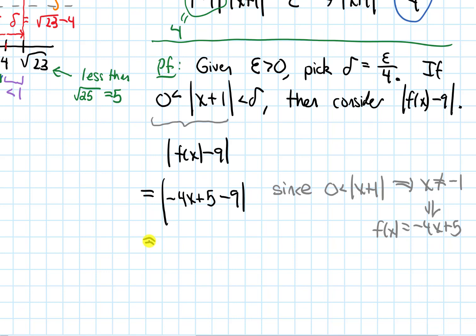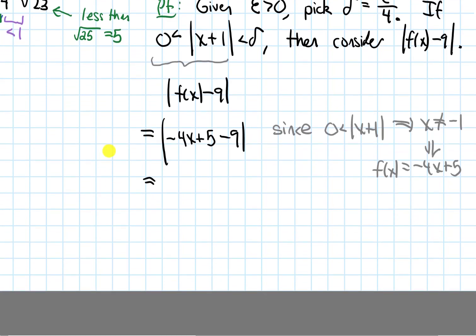Okay, and now we're going to do a lot of the simplification steps that we did in the scratch work. We end up with absolute value of negative 4x minus 4. And with this, I can factor out a negative 4 and get absolute value of negative 4 times x plus 1. Now let's split this up into absolute value of negative 4 times absolute value of x plus 1.